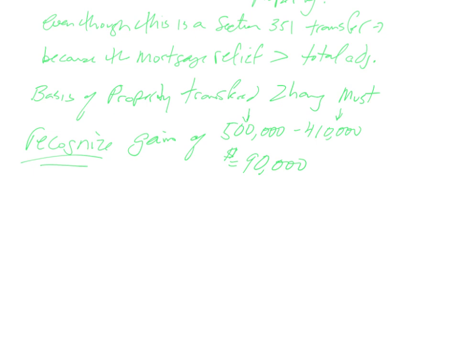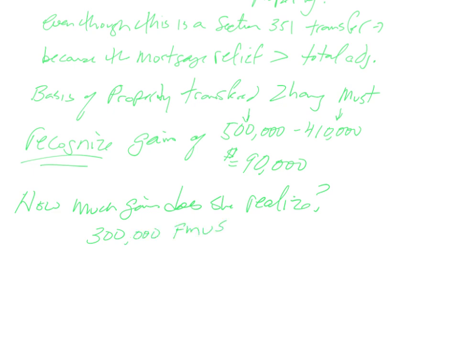Now we could answer the other question too, right? So she has to recognize that gain. How much gain does she realize? That wasn't a question, but we should answer that anyway, right? So what does she get? She gets the fair market value of the stock plus the mortgage relief minus the tax basis, right, of all the assets.